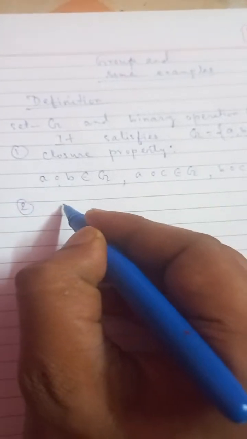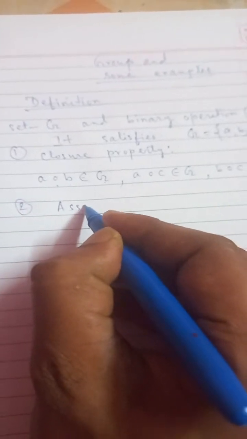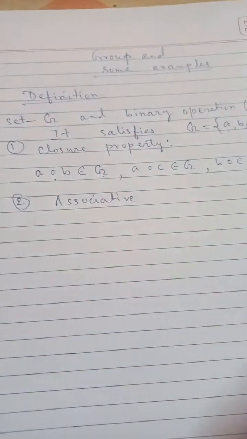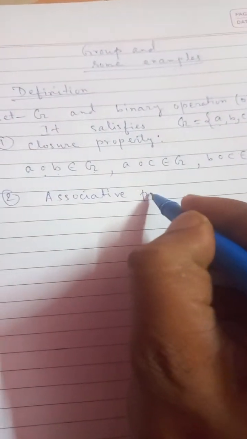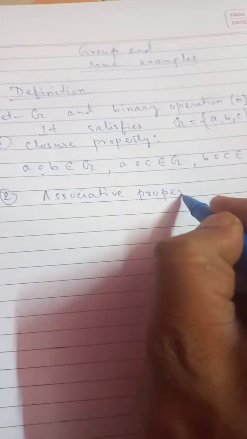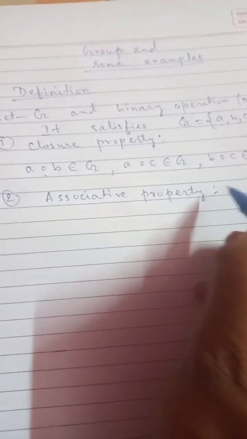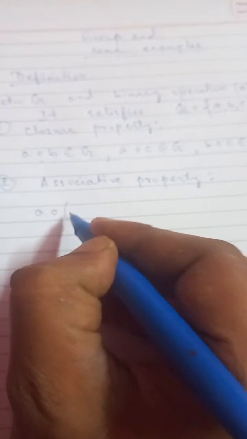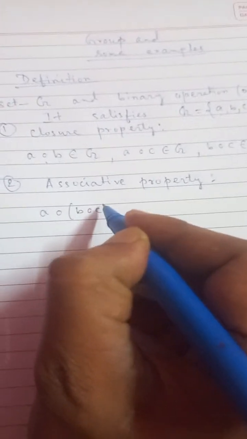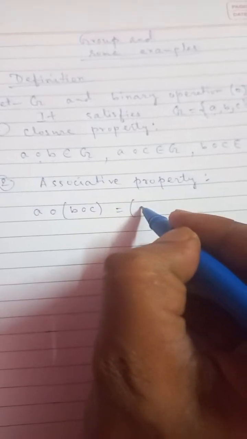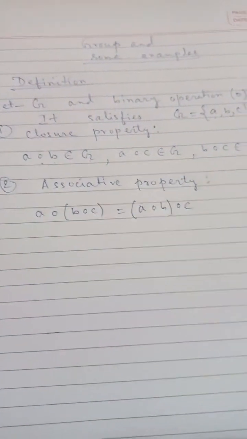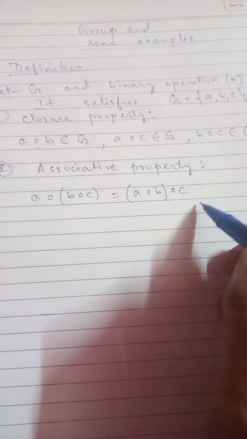Another property is associative property. Here we take the three elements: A omicron (B omicron C) is equal to (A omicron B) omicron C. So this is called associative property.